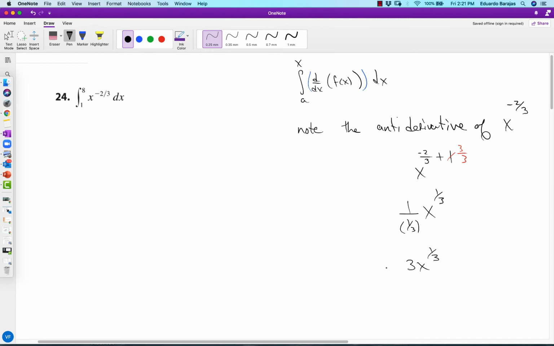Okay, so this is the function, let's just label it as an f of x. This is the function f of x such that the derivative with respect to x of this function f of x equals exactly what we're interested in, the x to the power of -2/3.